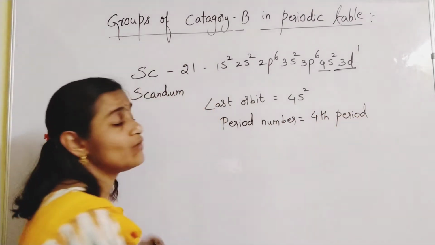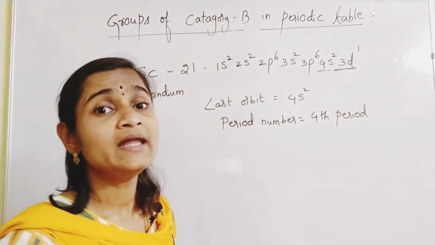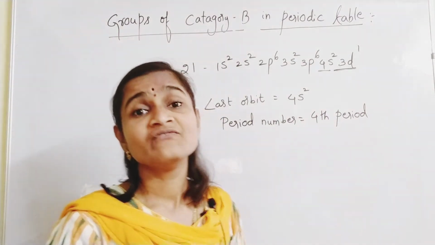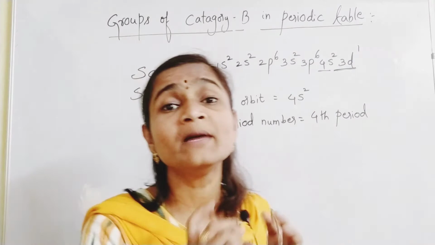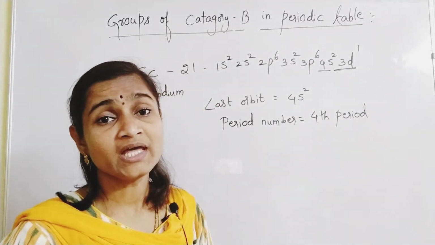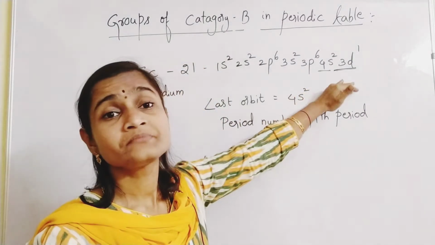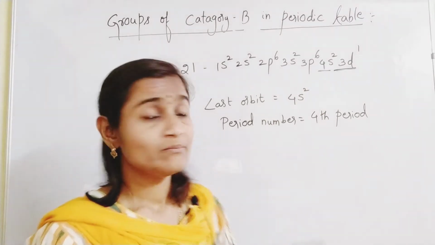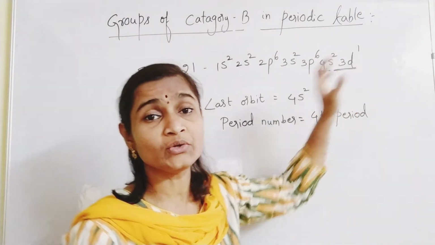Now what about the group number? The number of valence electrons will give you the group number of that element. Suppose it is a d block element, because the differentiating electron enters the d orbital.